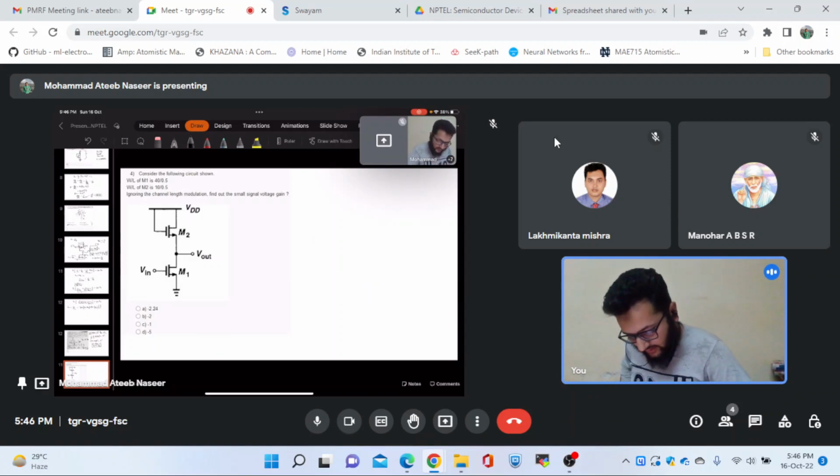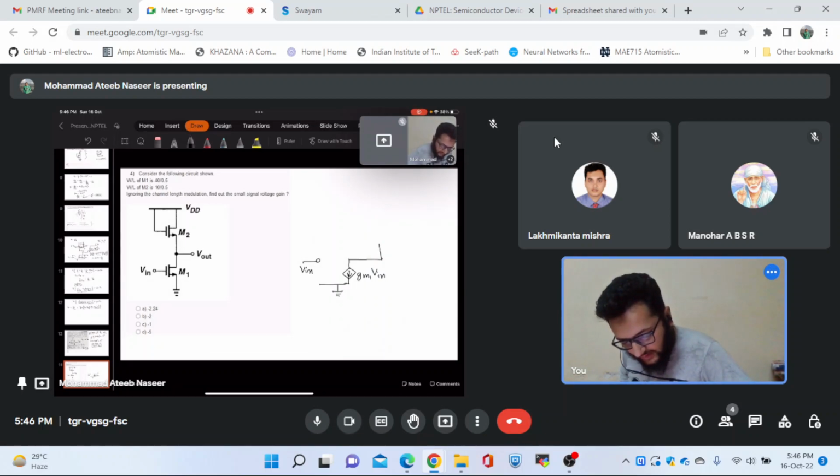So let's draw the small signal model for M1. This is the V in, and since the source is grounded, this will be gm1 times V in. We have to neglect the channel length modulation, so no resistance in parallel over here.